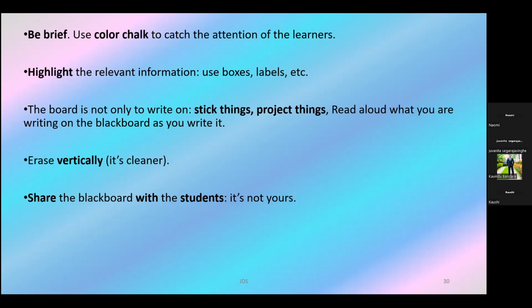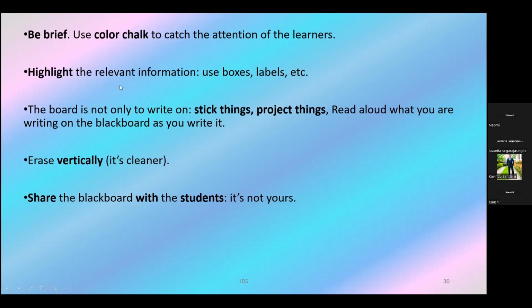When we are teaching tenses, to contrast different tenses, make use of color chalks or color markers. That is something very simple, but definitely it contributes a lot in making the teaching learning process meaningful. It will trigger the memory of the learner.